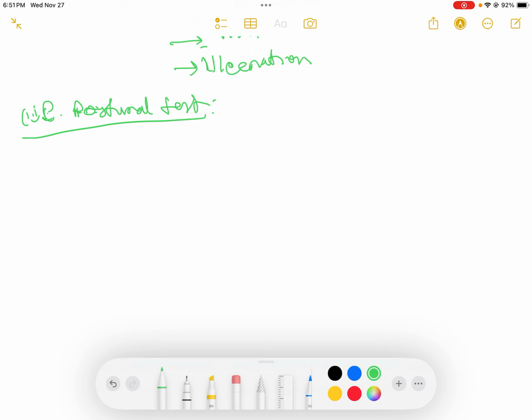The legs of a normal individual remain pink even if they are raised to 90 degrees.